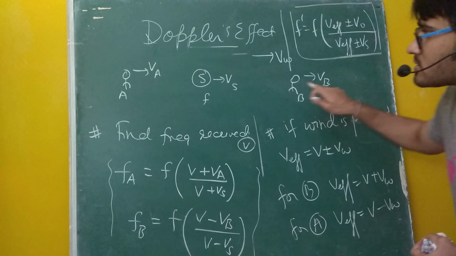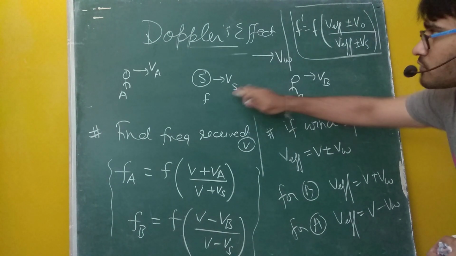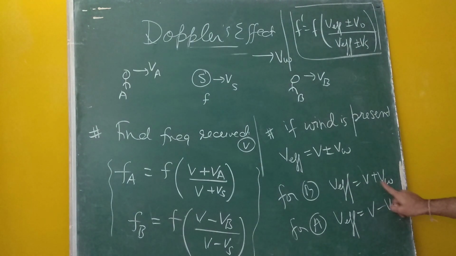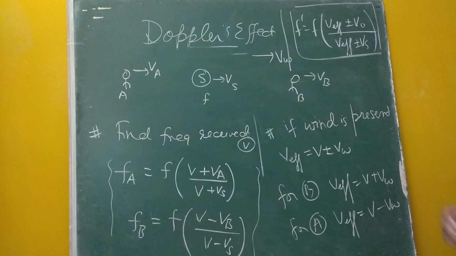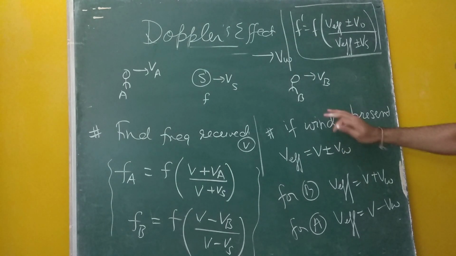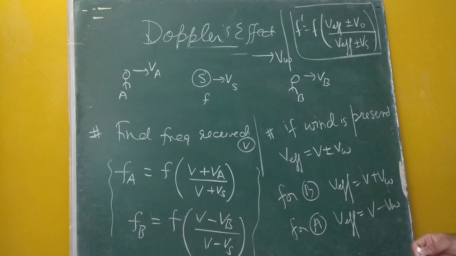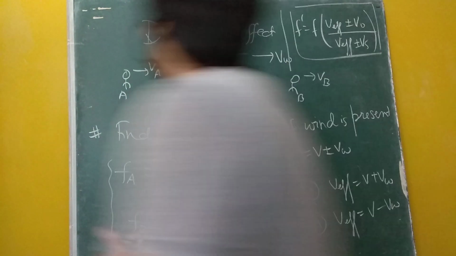From source to this observer, the signal is from left to right and wind is also from left to right, so for B I have taken V plus VW. Same logic for A, I have taken V minus VW. This is for the case where wind is given in the question. In many questions it won't be given, so you can just write this as a note. And thereafter we will move to the next important concept.